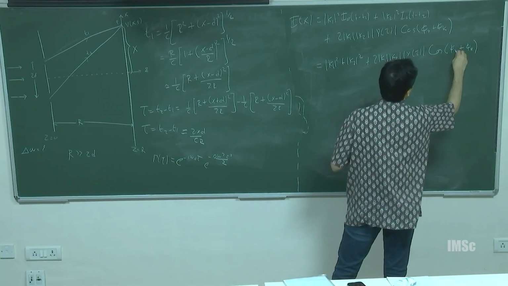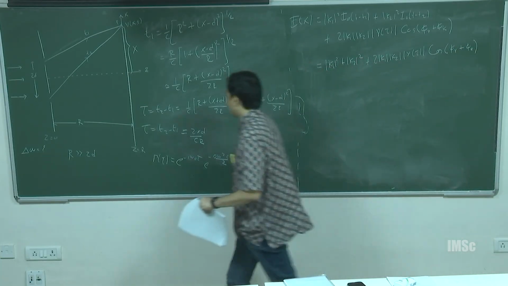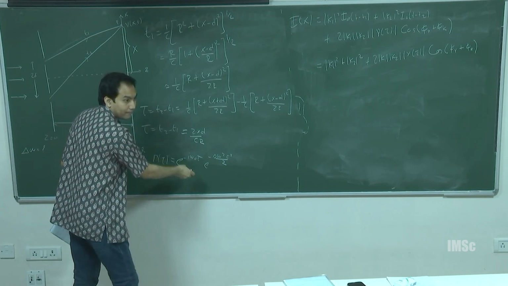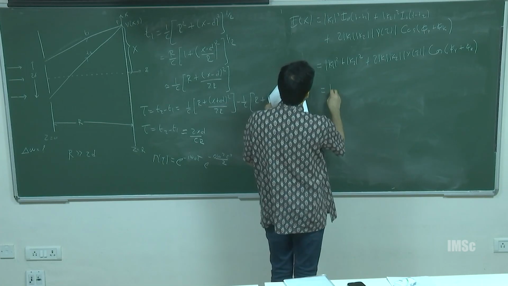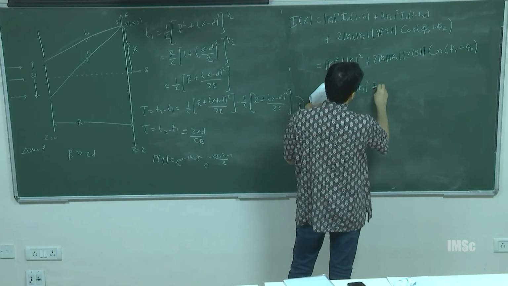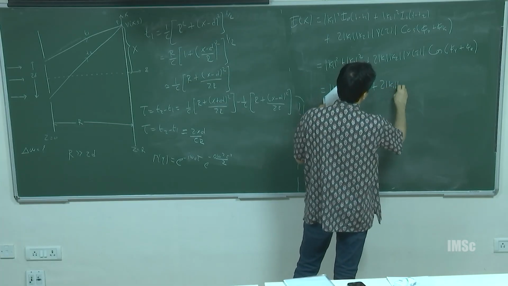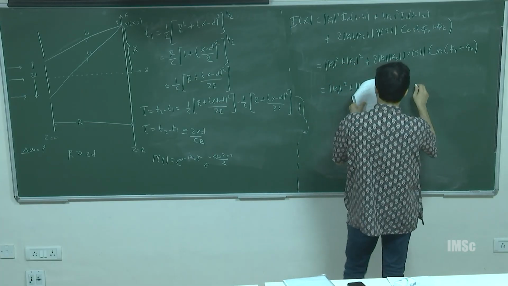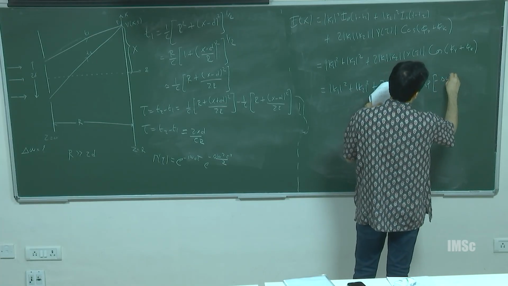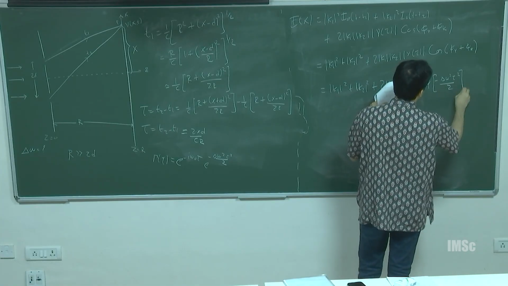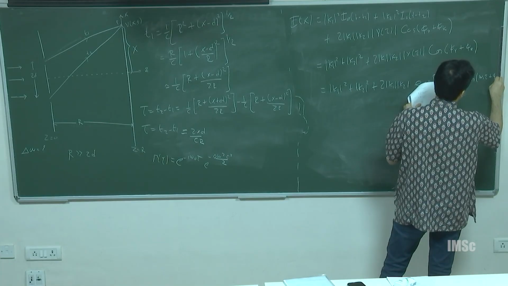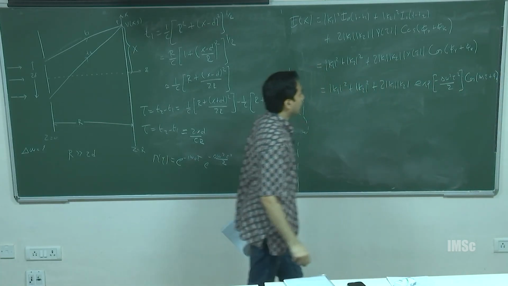Now phi gamma is basically the argument of gamma of tau, which is nothing but omega naught tau, right? So we are almost there.